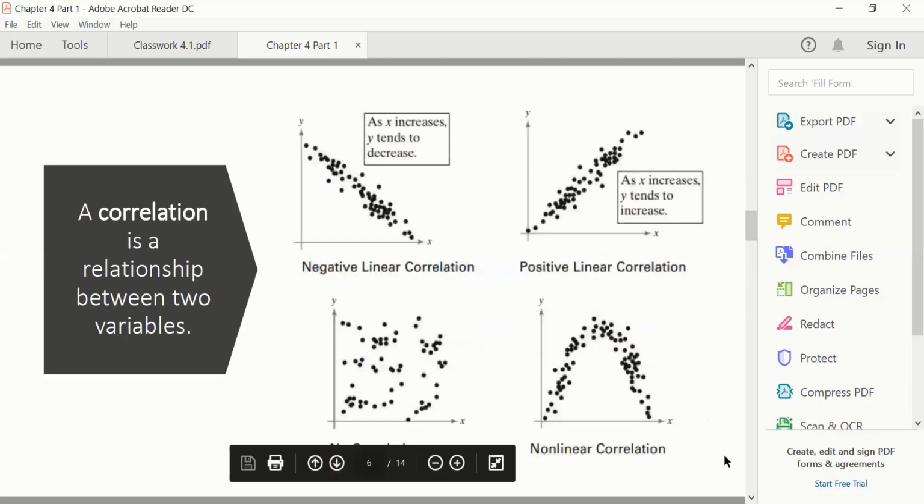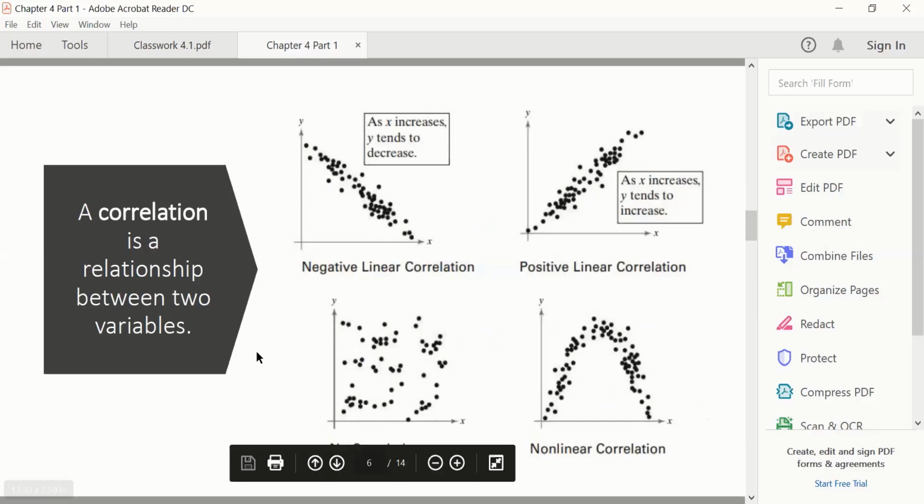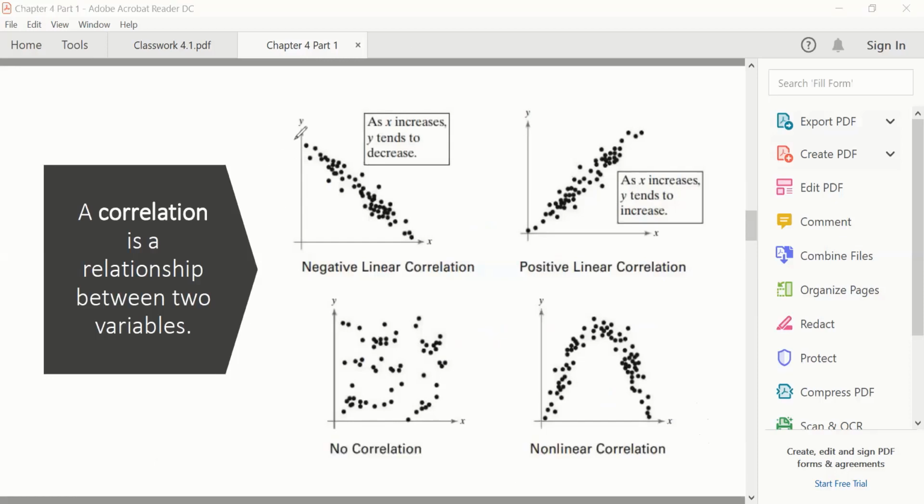A correlation is a relationship between the two variables, and you can usually see that relationship. We have 2 kinds of linear correlations, one that goes downhill and one that goes uphill. The negative correlation is the one that goes downhill from left to right. As the X increases, the Y values go down.